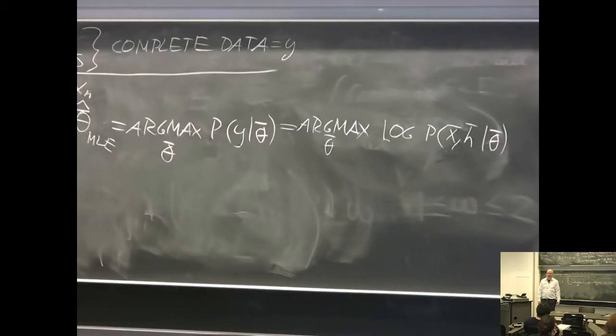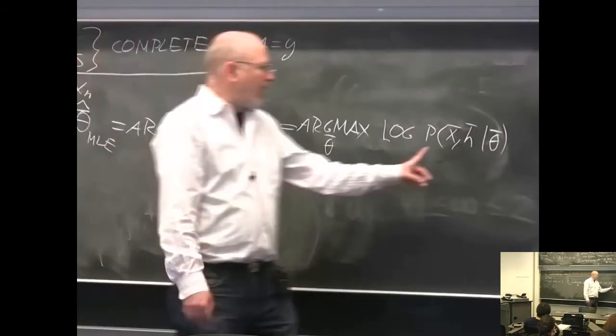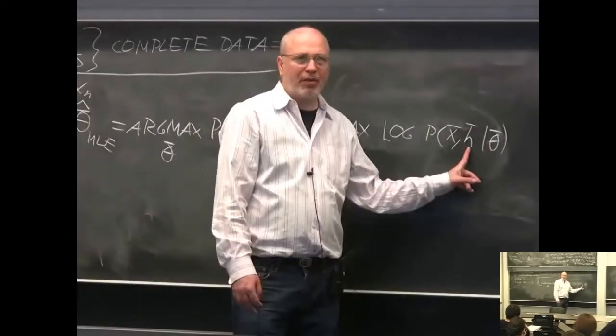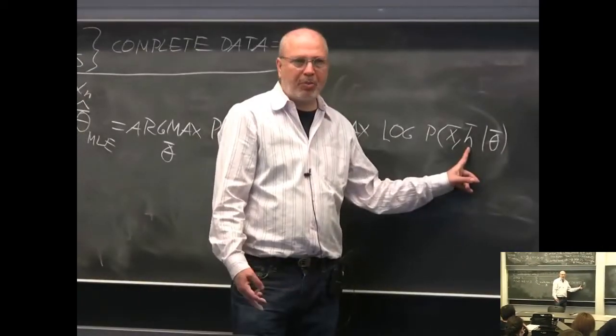Some h values are more likely than others. So we don't want to just sum over all possible values of h, each with equal weight. So what we really want to do is to say, given this x, how likely are different values of h? Literally come up with a distribution over the possible values of h.